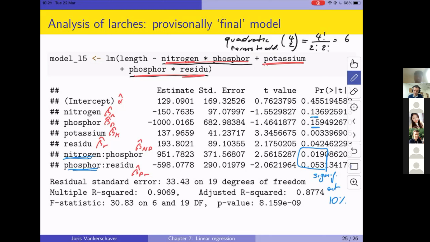And now the last thing that you might say is, hey, okay, I get it. I need to include those terms in my model, but where are they in my R call? I don't see them. Keep in mind that R is a little bit forgiving with how you specify your model. If you write something like nitrogen times phosphor, R will already include nitrogen and phosphor in your model. So it will automatically include the lower order terms.